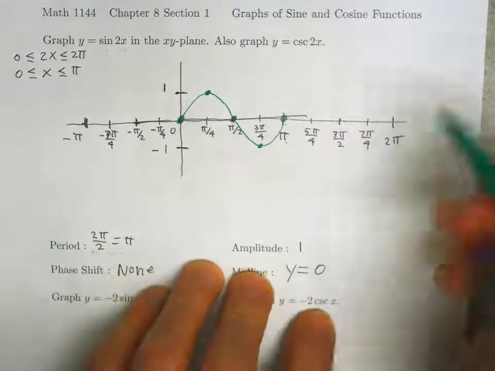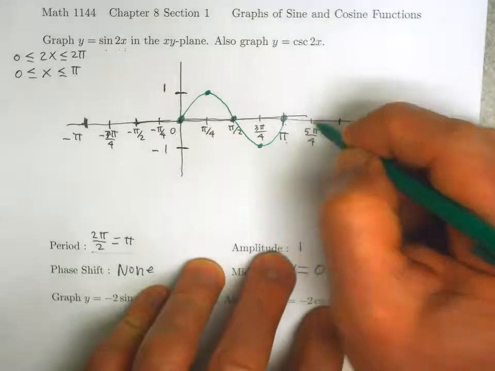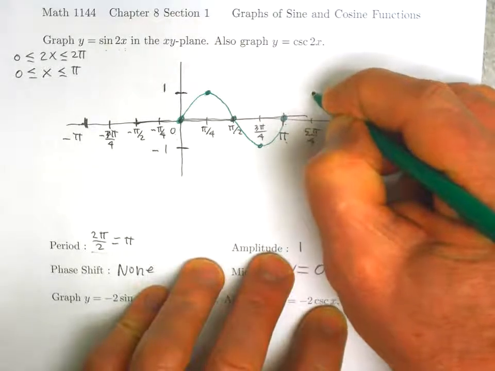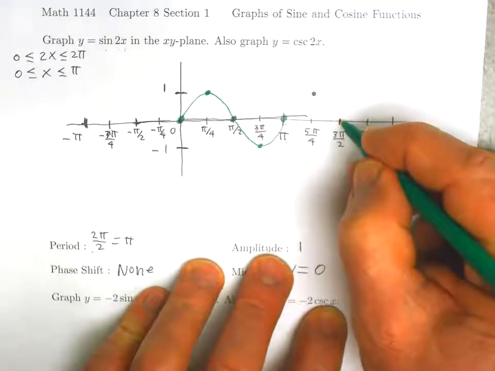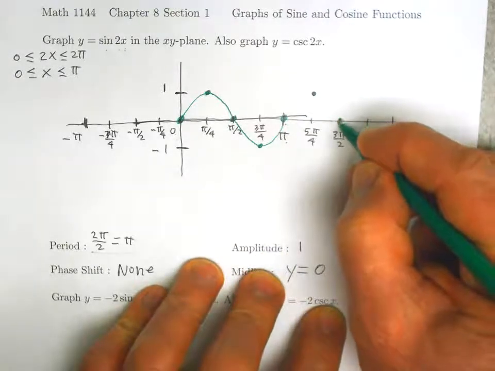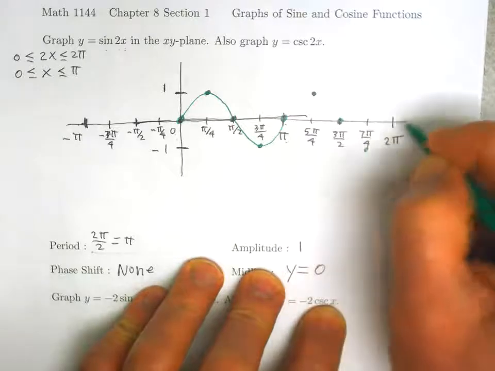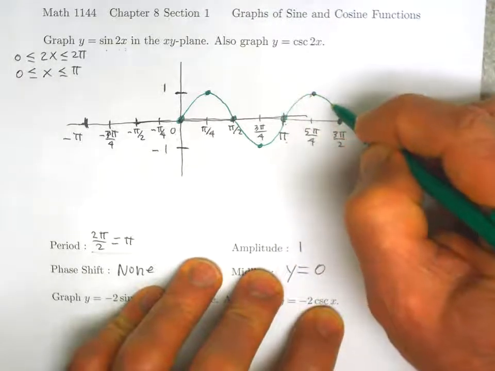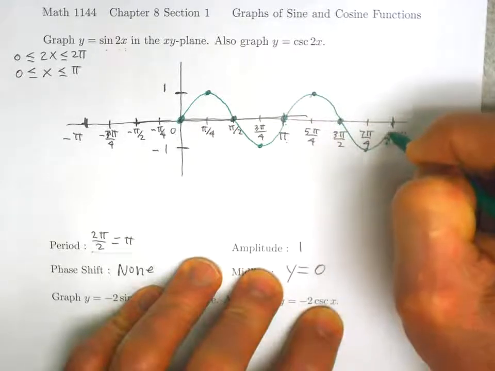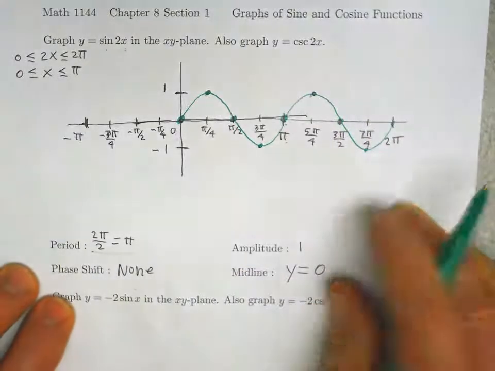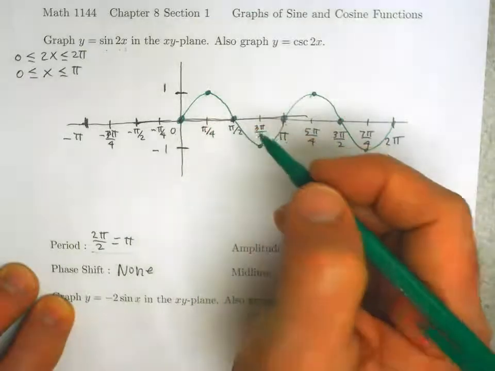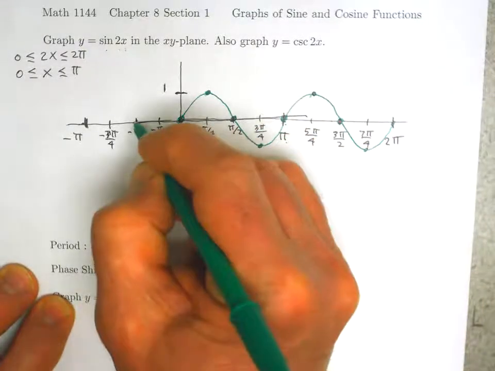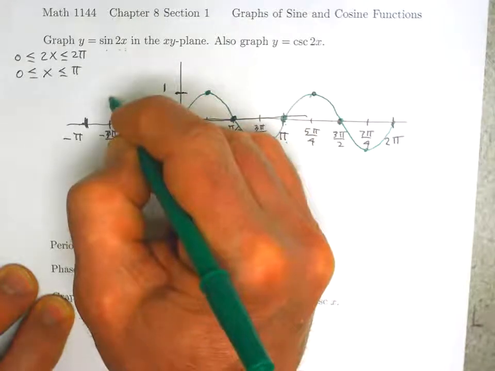Okay, but it's going to follow the same pattern. So here we're going to get an output at 1, output 0, output negative 1, output 0. So here's one more period of that function on the right. And then on the left follows the same pattern.